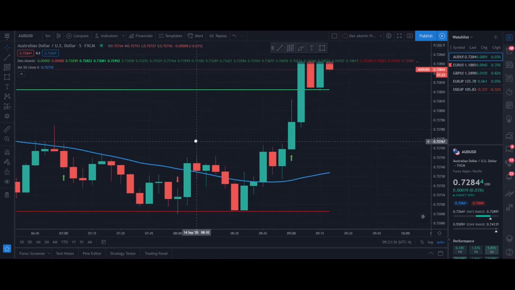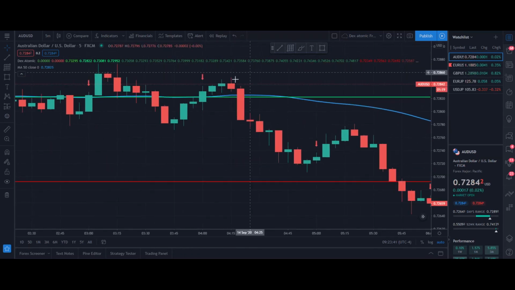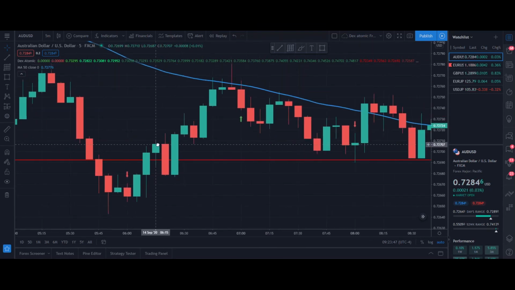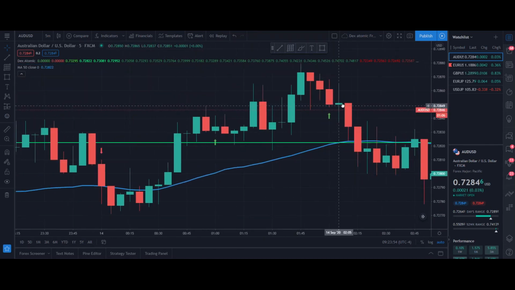Now, whether or not you use the first over or first under process, box validation is the same on all of them, and they have a couple different parts, which we'll talk about in future videos. But for now, to validate what signals to take, you would only take the first over or under. This would be the first over. This would be the second one. I wouldn't take this particular trade.